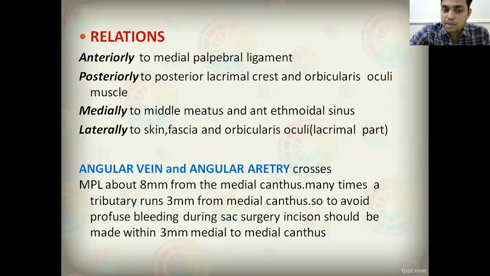Normally it is positioned at 8 mm, but sometimes a tributary comes closer, about 3 mm from the medial canthus. So the skin incision should be made within 3 mm from the medial canthus. This is the applied anatomy you have to remember.